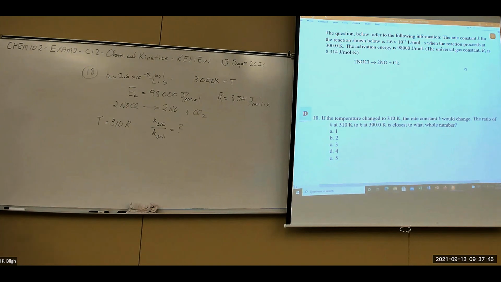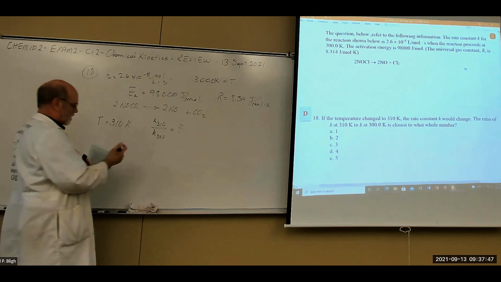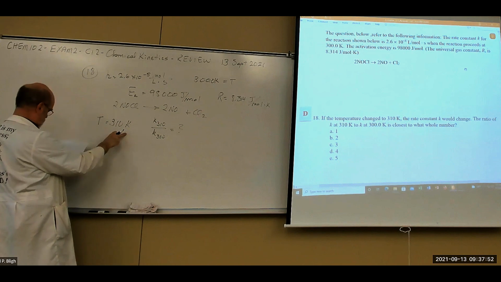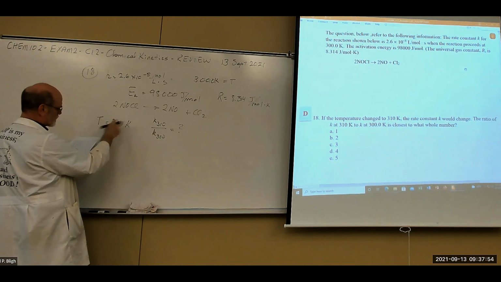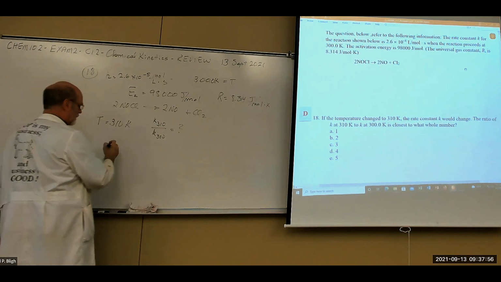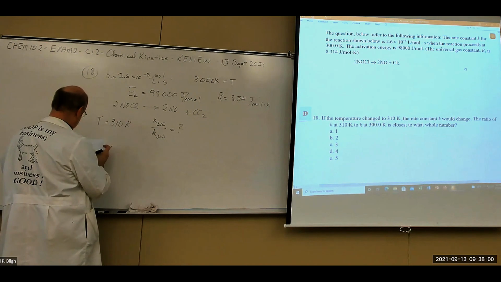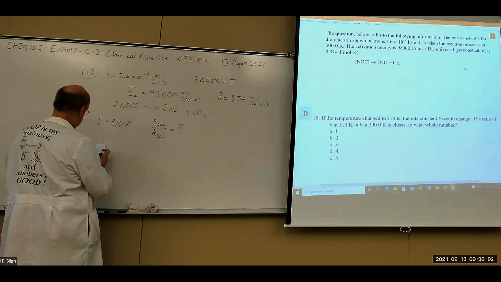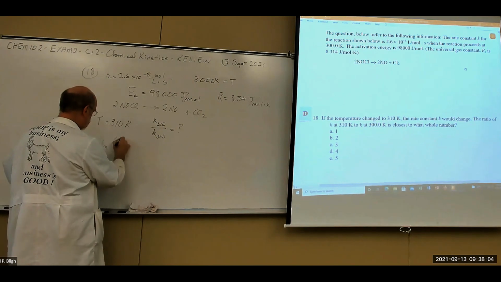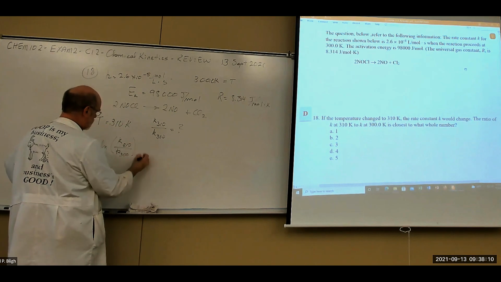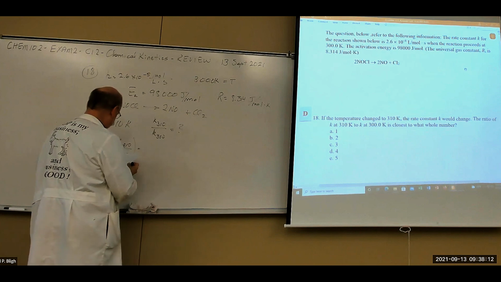Log of k2 over k1. So this is k2, the temperature assigned to k2. So the log of the k value, 310 over k 300, equals what?